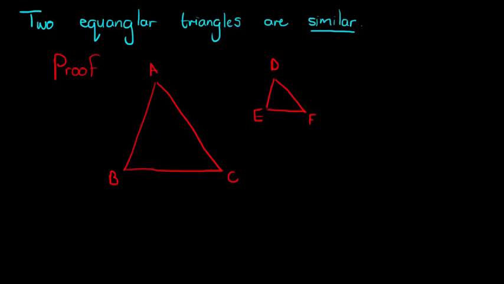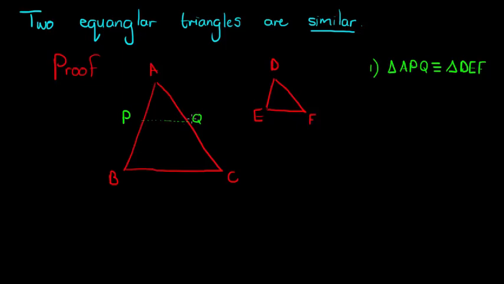And now I'll give you more or less the outline of this proof. First, what we're going to do is construct another triangle on here, triangle APQ. And first we're going to show that triangle APQ is congruent to triangle DEF.